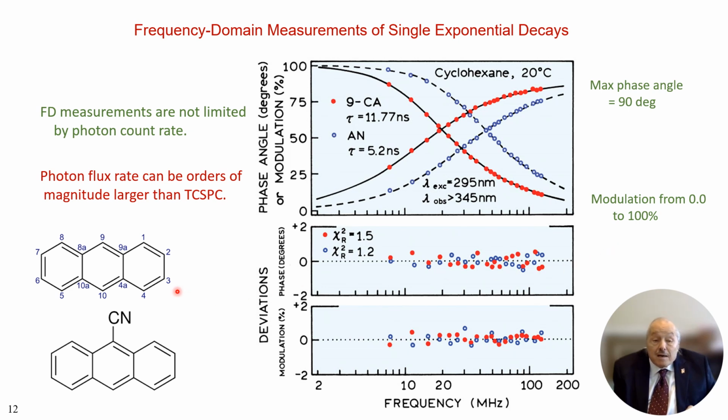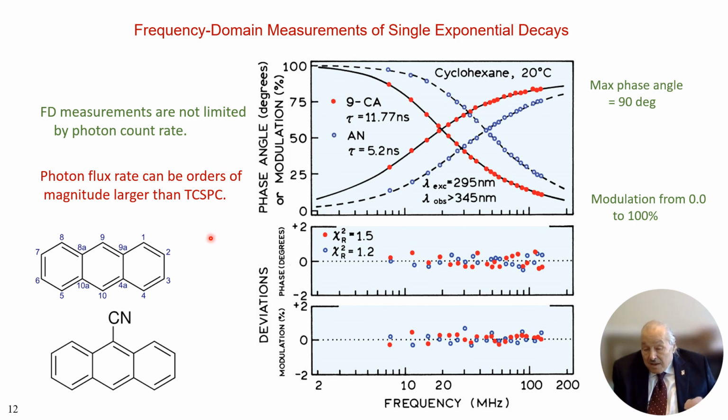One of the interesting things that has not really been taken advantage of yet is, you might remember in single photon counting, you're using 100 laser pulses and you're collecting 1 photon. In these phase fluorometers, the photon flux is not limited to single photons.